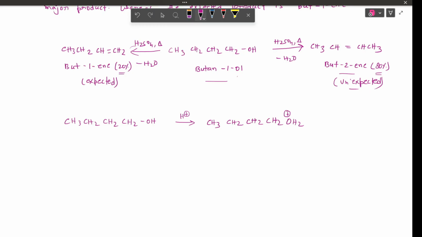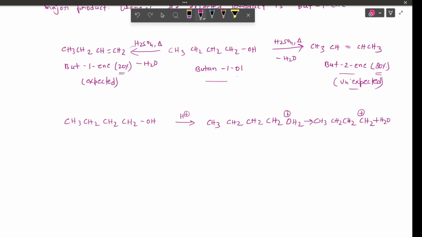Now after that, this water molecule is removed and there will be a formation of carbocation. So it would be CH3, CH2, CH2, CH2 positive, and that water molecule is removed.